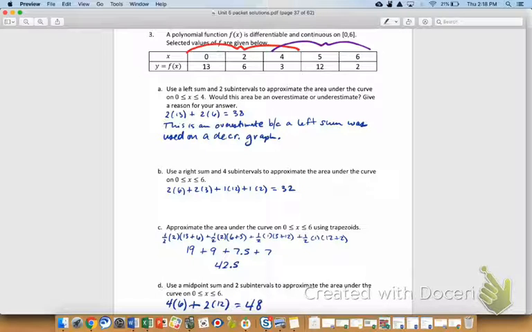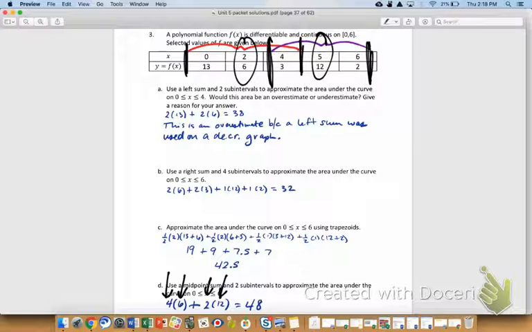So when I go from 0 to 4, my base is 4. And then the height at the midpoint is 6. And then you can see over here, if I go from 4 to 6, my base length is 2, and the height at the midpoint is 12.